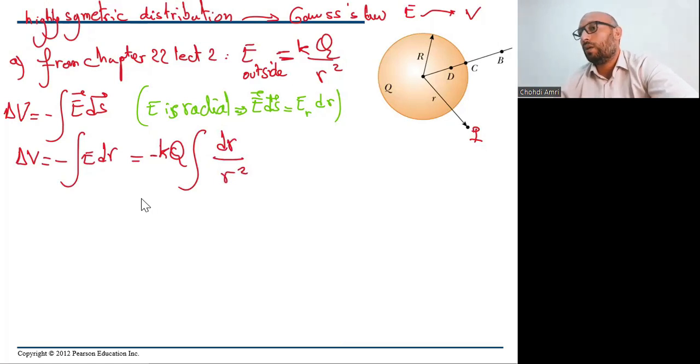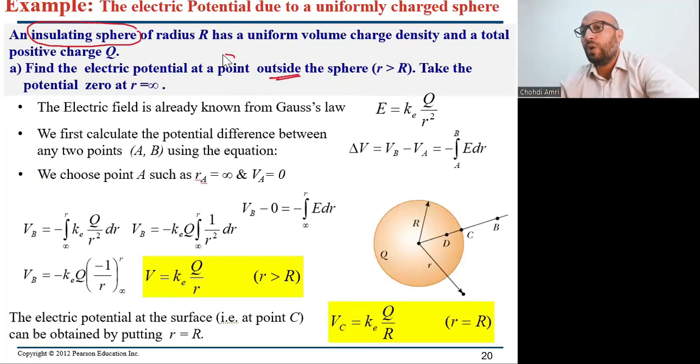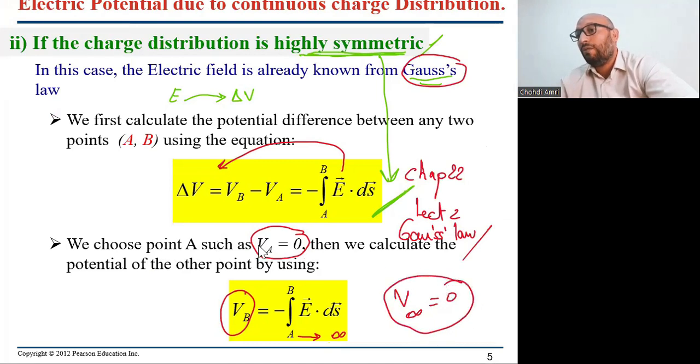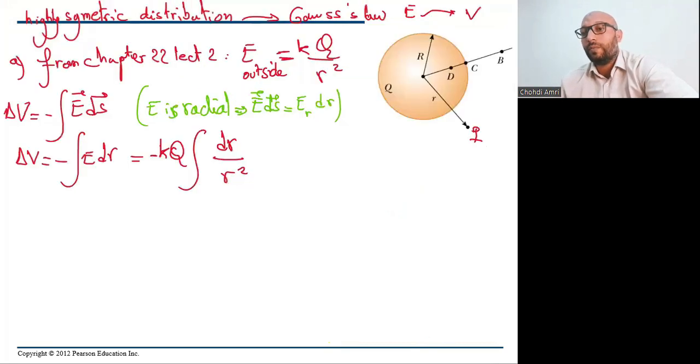Okay? But here, the limits are from where to where? The question said we want to calculate at a point outside. What we said when we calculate at a specific point, we choose a point A at infinity to get VA equals 0. So we will choose our first point at infinity, and the second point at the point P here. So we will calculate the potential difference between infinity and the point P. Why?